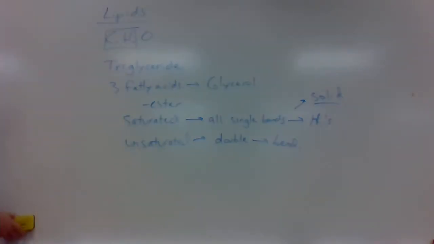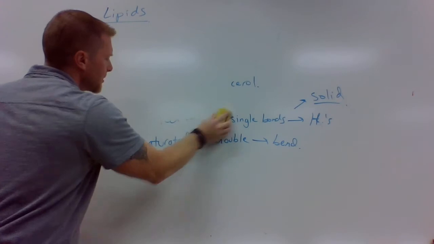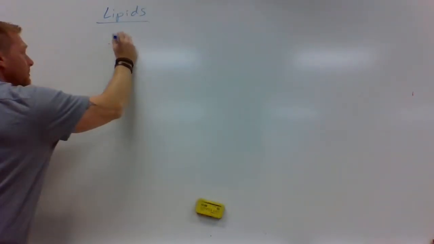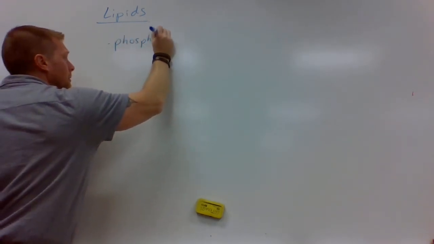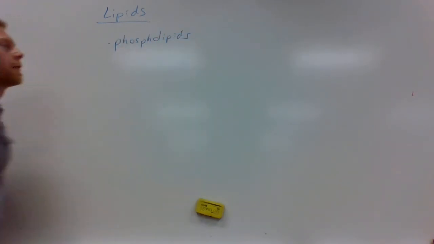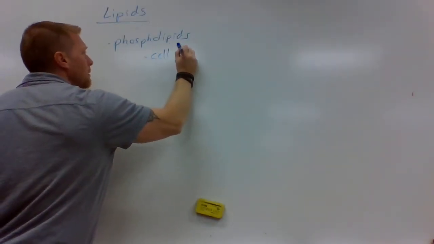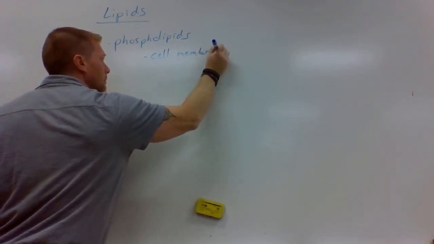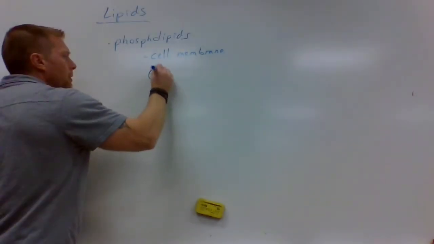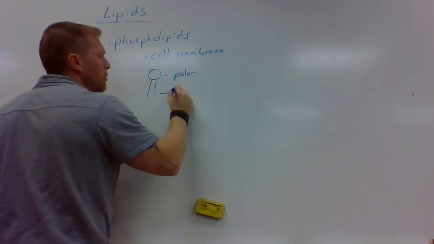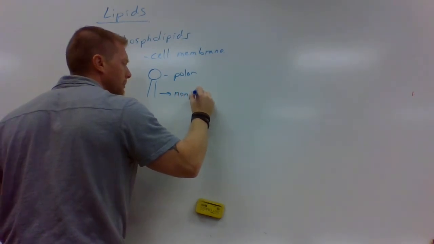All right, we talked about some other specific types of lipids. We talked about phospholipids. Phospholipids are going to compose the cell membrane. When we look at a phospholipid, it is going to have a polar head and two nonpolar tails.